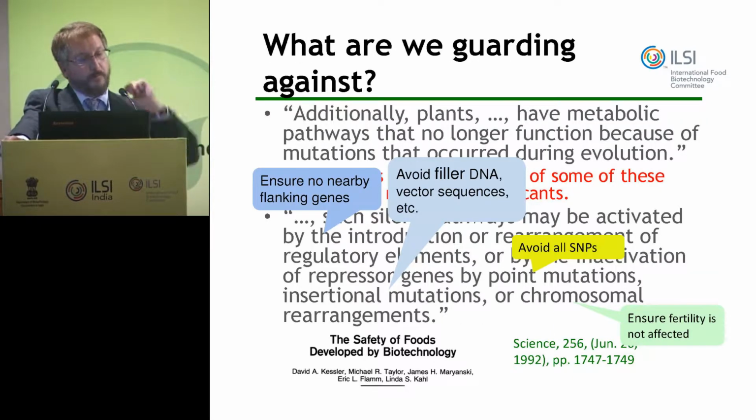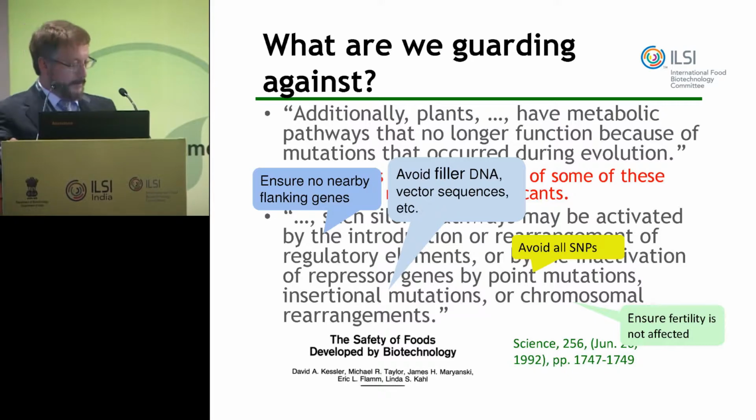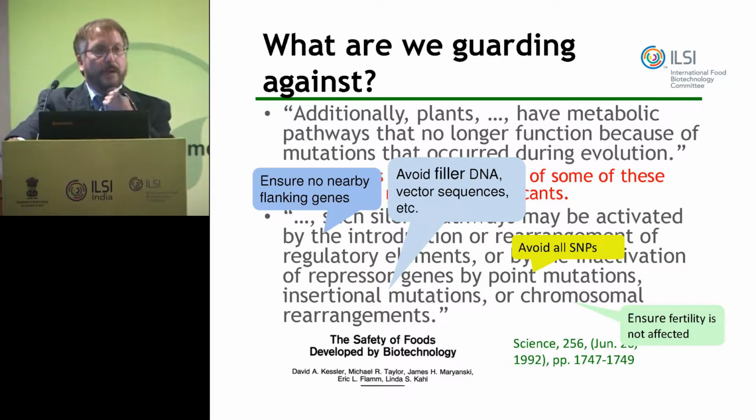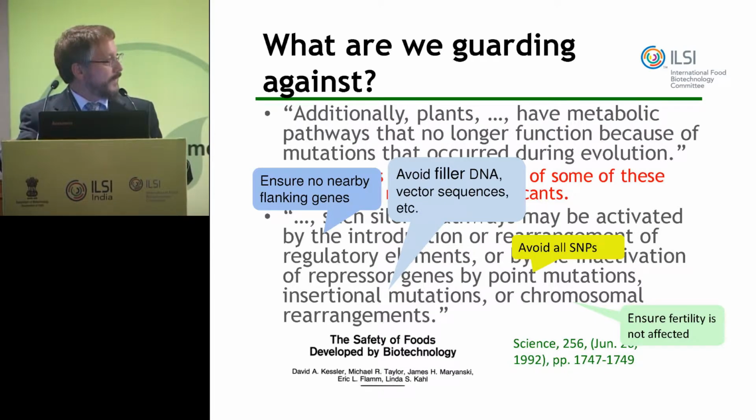So what is it that we are guarding against in terms of these mutations? This is a paper that appeared in Science back in 1992. And it claimed that plants have metabolic pathways that no longer function because of mutations that occurred during evolution. And these products, or the intermediates of them might be producing toxins. And these have been dormant since agriculture started, so we just don't know about them.